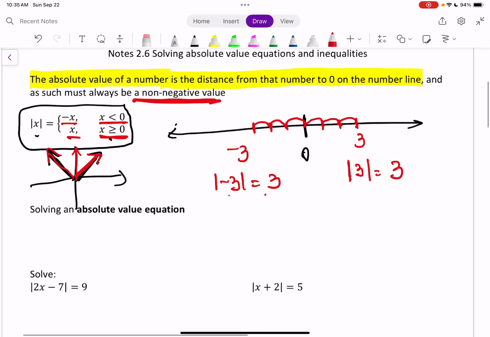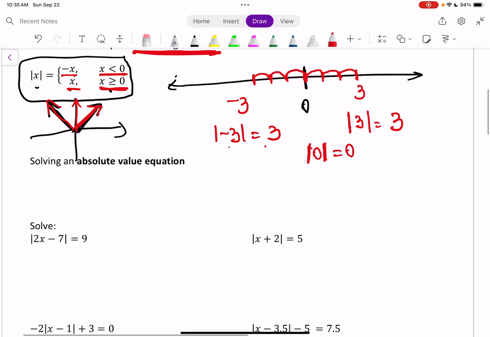We say non-negative, as in 0 can be included as well. 0 is neither positive nor negative, so you just exclude negative values. The absolute value of 0 is 0, because you don't have to travel anywhere to get from 0 to 0.